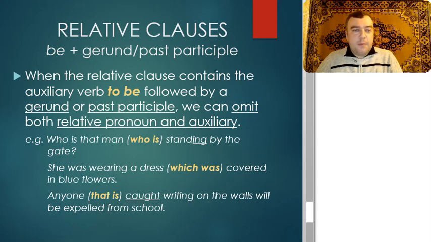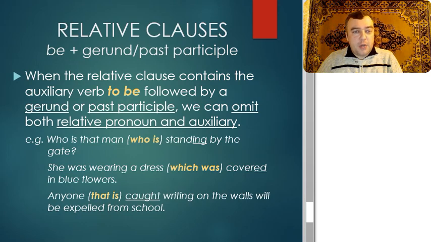Who is that man who is standing by the gate? We have a relative pronoun who, the verb to be in its present tense, is, and the ing form of the verb to stand. So this is the situation when we can omit who is and get: who is that man standing by the gate? And this sentence is correct.